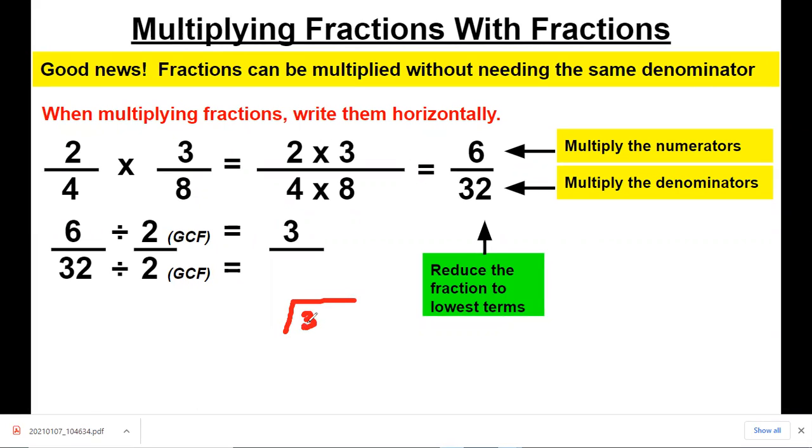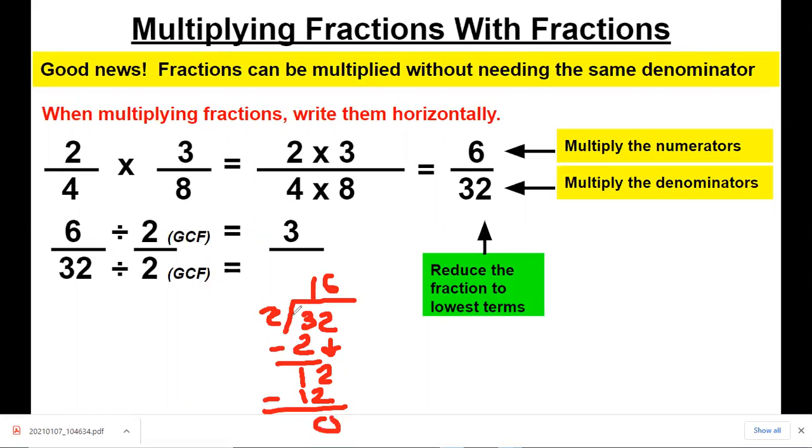Put 32 on the inside, put 2 on the outside, and divide. 2 goes into 3 one time. 1 times 2 is 2. 3 minus 2 is 1. Bring down the 2. 2 goes into 12 6 times. 2 times 6 is 12. 12 minus 12 is 0.